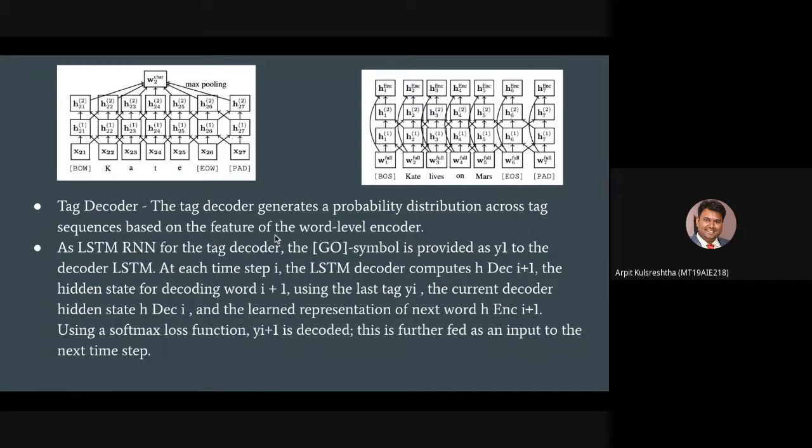Second, we need the tag decoder. The tag decoder generates the probability distribution across all the sequences from the word level encoder. That is the next step to improve performance. The tag decoder uses an LSTM RNN approach, and computes every hidden state with decreasing of i plus L, which represents the next word in the encoding.